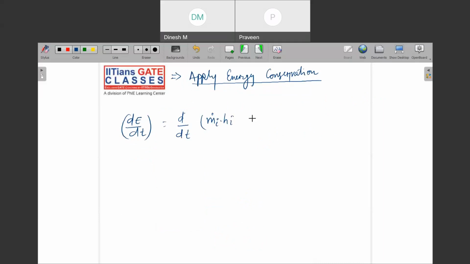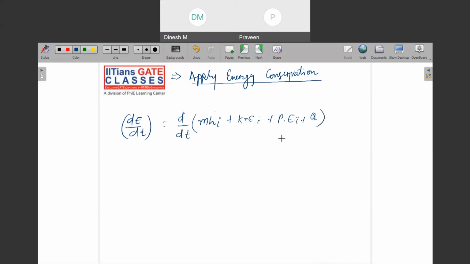And rather than writing it as rate, because this is a differential now, so this will take care. Plus kinetic energy at entry plus what? Potential energy at entry plus what? The rate of heat you are supplying.